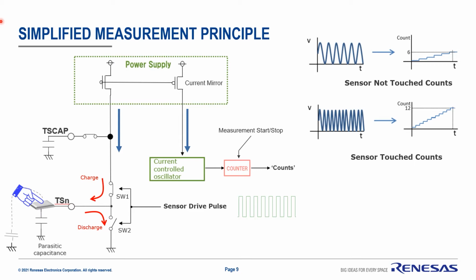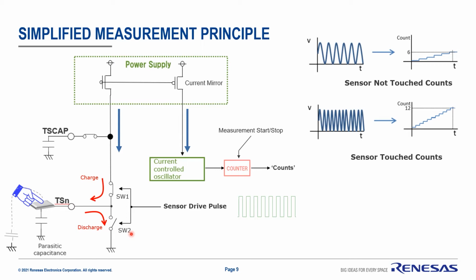Quickly, here is the circuit operation and how the capacitance is measured into a touch result. First, a set of pulses is output in order to manage the charge and discharge of the connected sensor via switch 1 and switch 2.